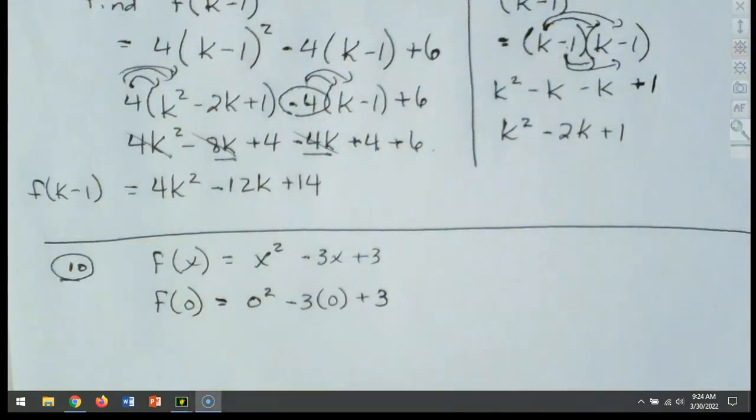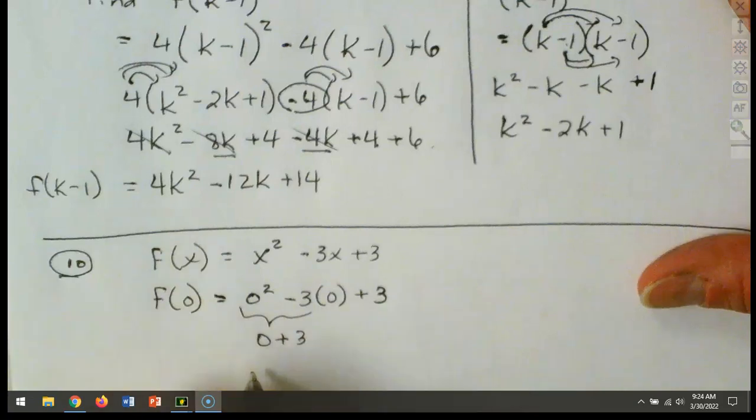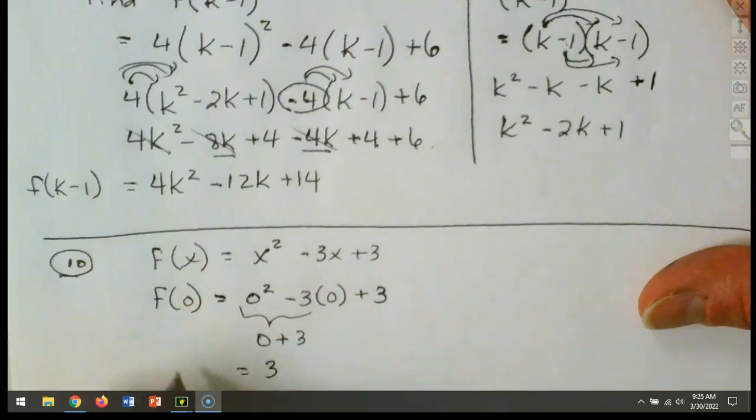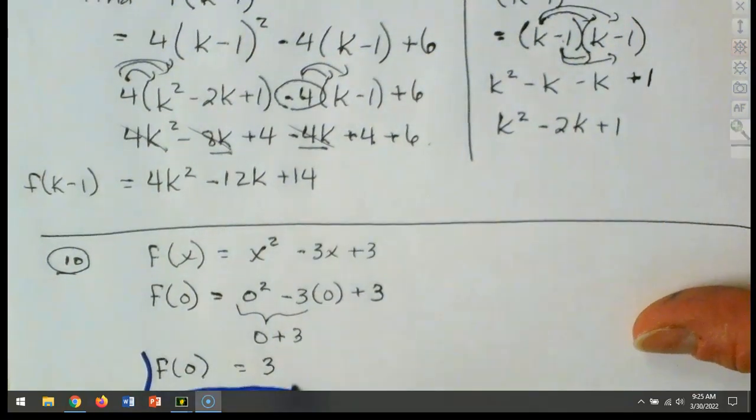So we plugged in our 0. Now, 0 squared is still 0. 3 times 0 is still 0. So that condenses down now into 0 plus 3, which is simply then 3. So f of 0 is now 3.